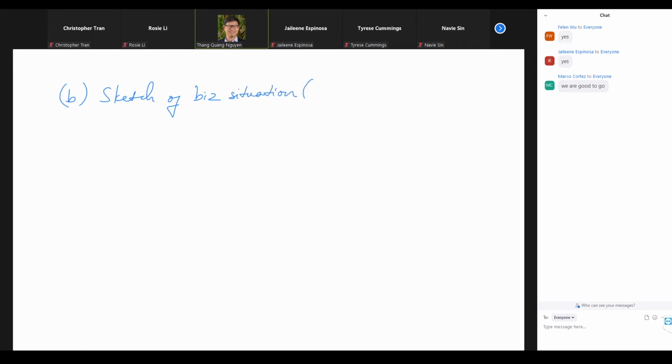And in that sketch, we will need to draw the normal distribution. Okay, so we assume that demand varies according to the normal distribution, right? So it will look like the following. I try to draw it bigger. All right, so this is the demand during the upcoming season.